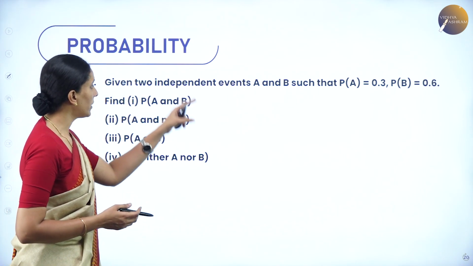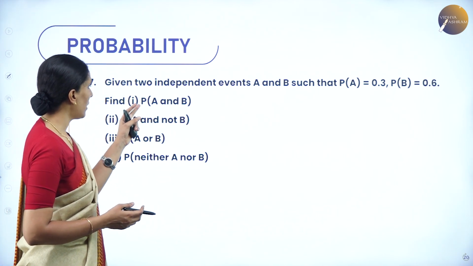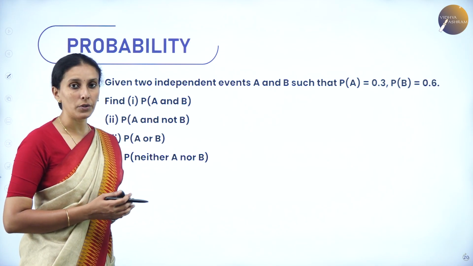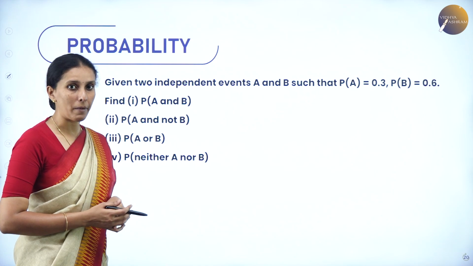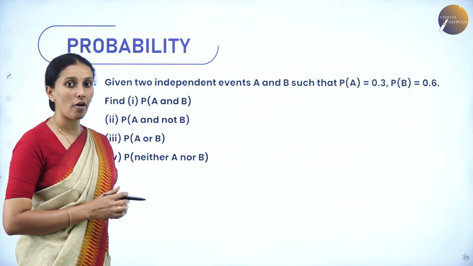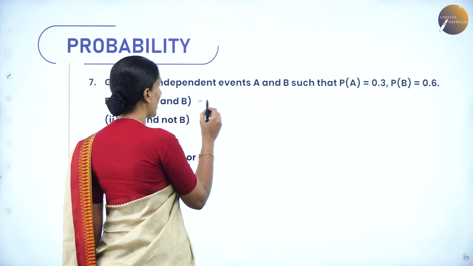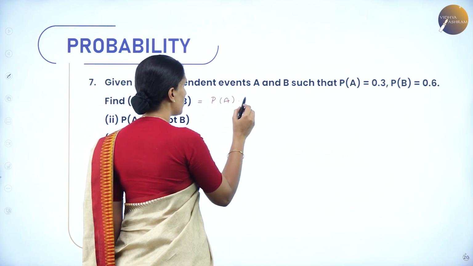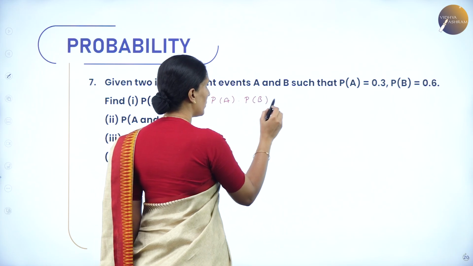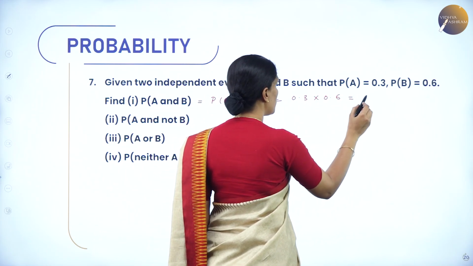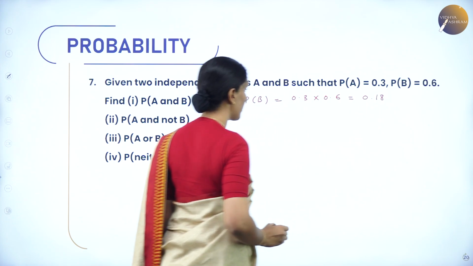Then the probability of occurrence of simultaneous events is equal to the product of their respective probabilities, using the definition of independent events. So probability of A and B can be written as P of A into P of B. So that is equal to 0.3 into 0.6, which is equal to 0.18.